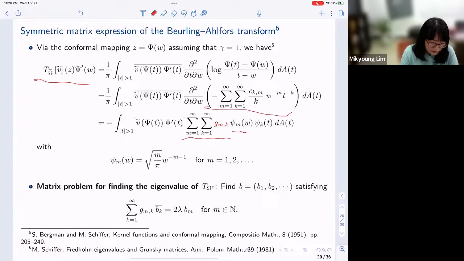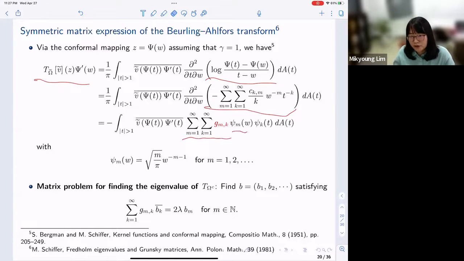And there we use this expansion of the log function in terms of the Grunsky coefficient.